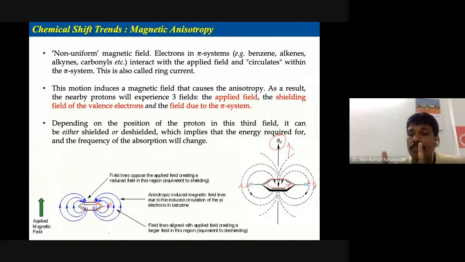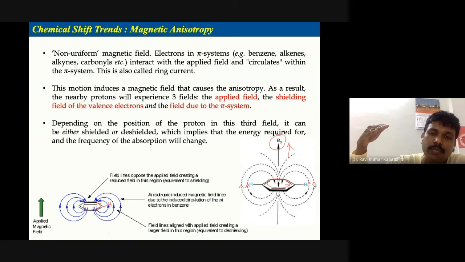Therefore, a proton on the periphery of the benzene ring is not experiencing just B0, but a little above that: B0 plus delta B. A proton here is not just experiencing B0, but a little more than that.